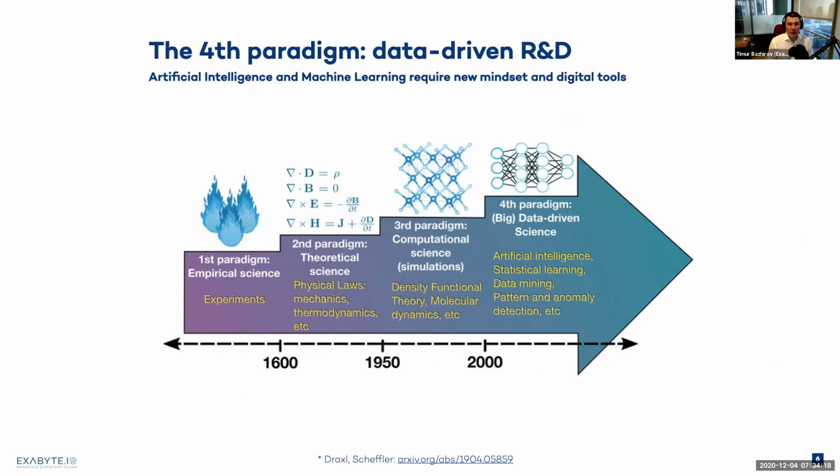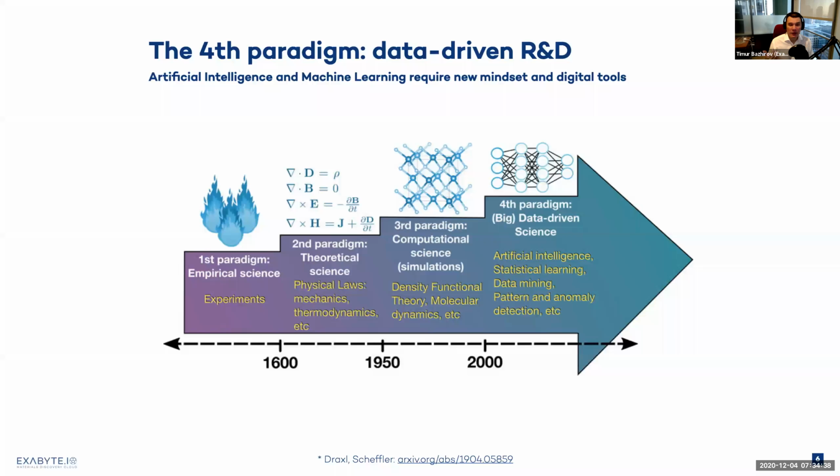And here we have to take a step back and look at the research and development landscape and how it evolved over the last 5 to 10 years. Traditionally, we were versed into experimentation, into theory, and since 1950s into computational science.